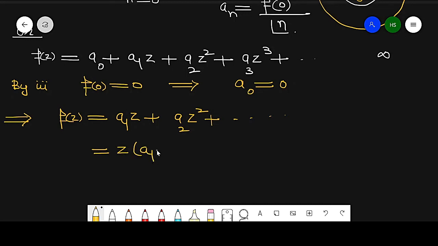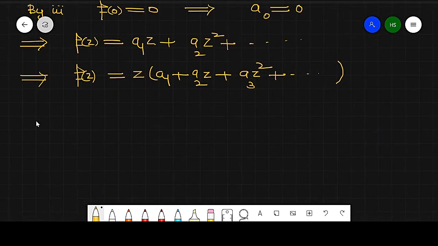So we get z times (a1 plus a2 z plus a3 z square and so on up to infinity). So in this way, I can write it in this form in the expansion.